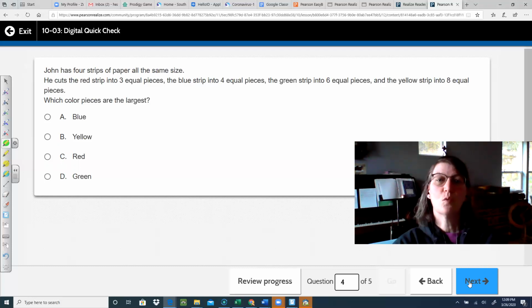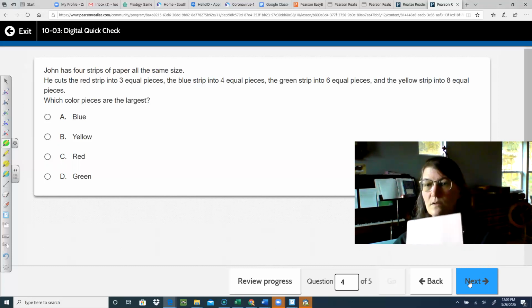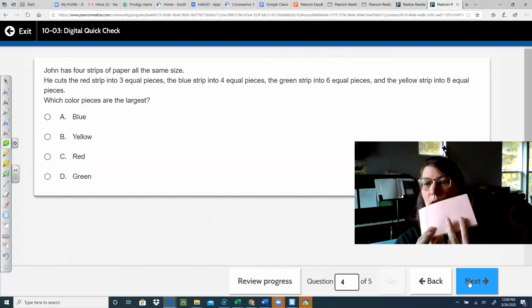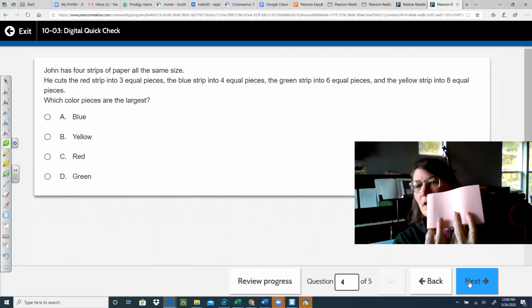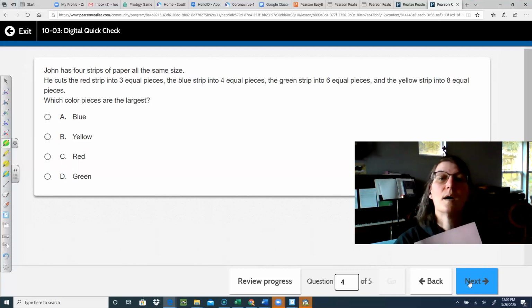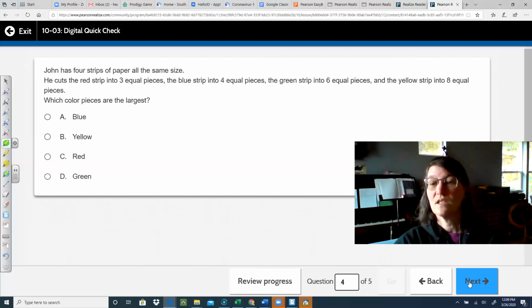He's got a blue one that he cuts into 4 equal parts. A green one that he cuts into 6 equal parts. I don't have finger talent to show you that one. And a yellow strip that he cuts into 8 equal pieces. So which color pieces are the largest?